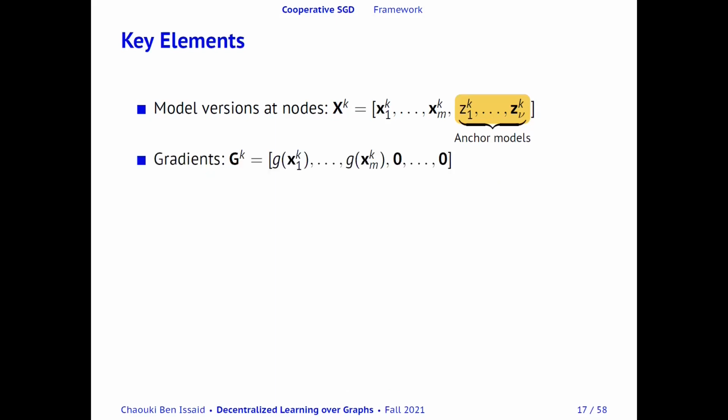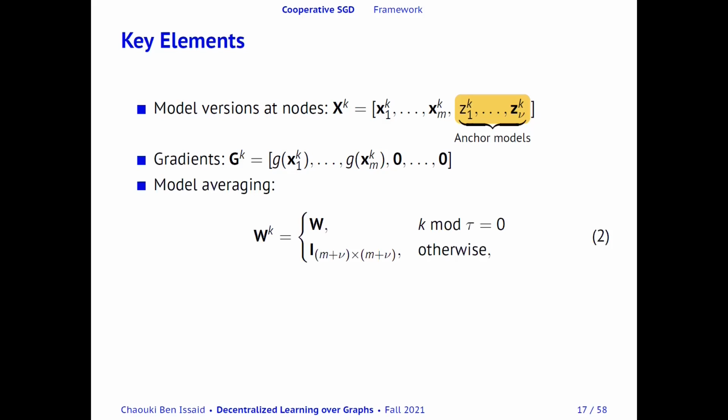Next, we define the gradient matrix G_k by concatenating the gradient of every loss function with respect to its model x_i. Note that the gradients at the auxiliary variables z_i are equal to 0 since they are only updated by averaging a subset of the local models.